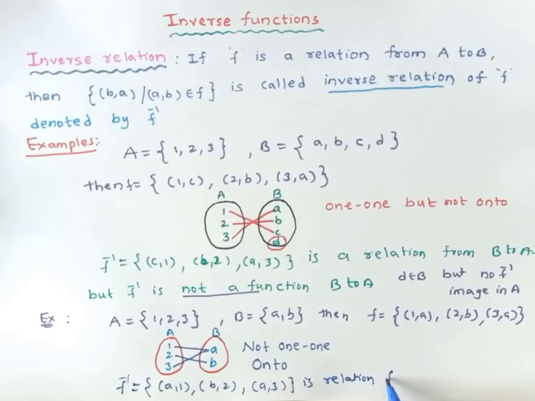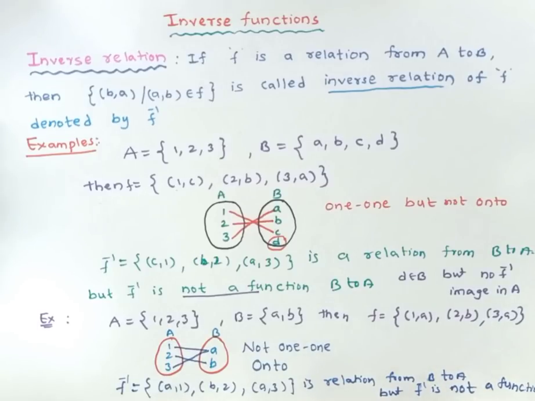It is a relation from B to A obviously, but F inverse is not a function. Why? Think why it is not a function from B to A. F inverse from B to A is a relation, right? But is F inverse from B to A a function or not?